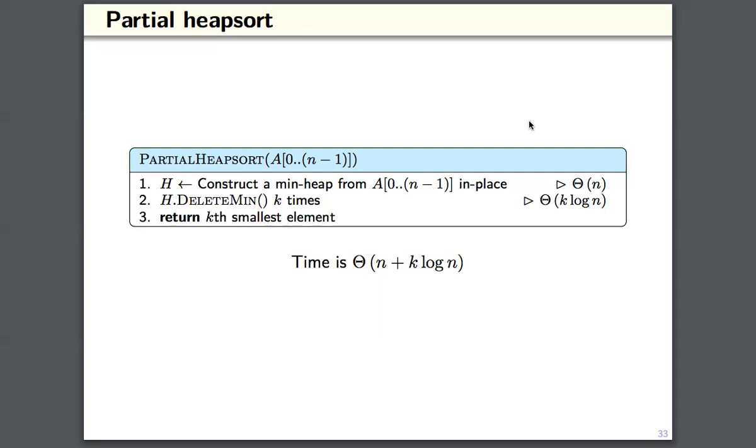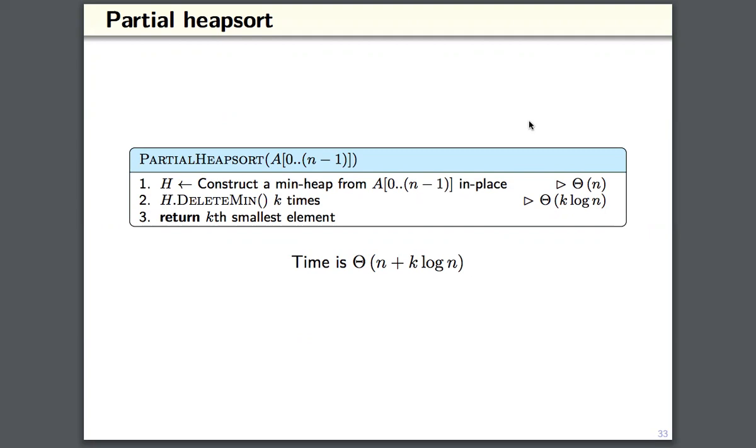When you call it for the ith time, you get the ith smallest element. Here you are interested in the kth smallest element, so call delete min k times. That's your kth smallest element. As a byproduct, you also get the top k elements in sorted order.